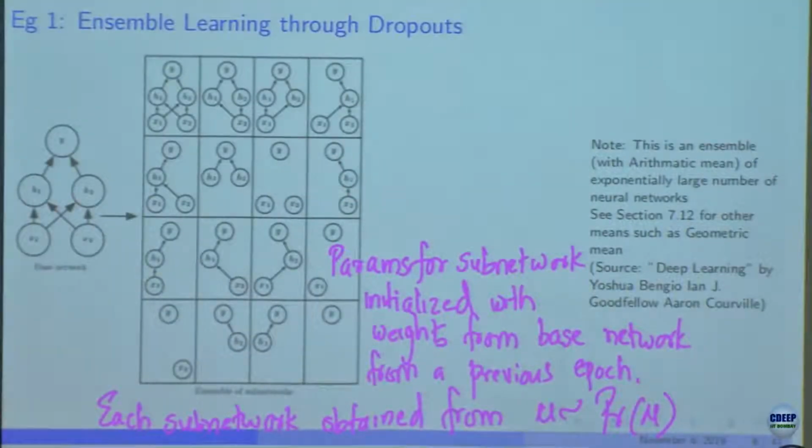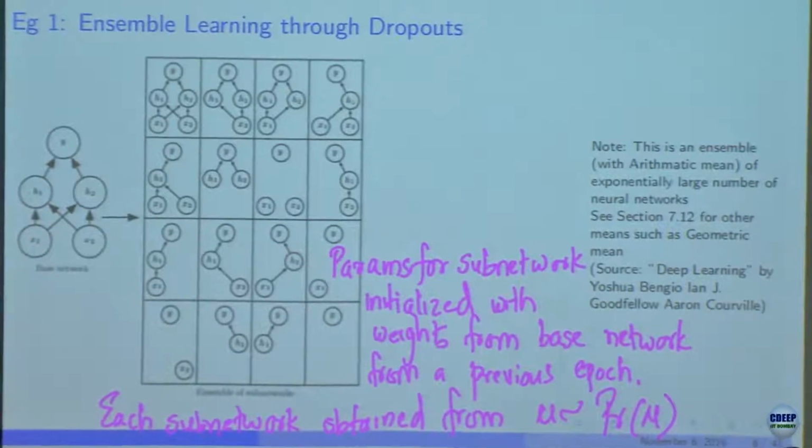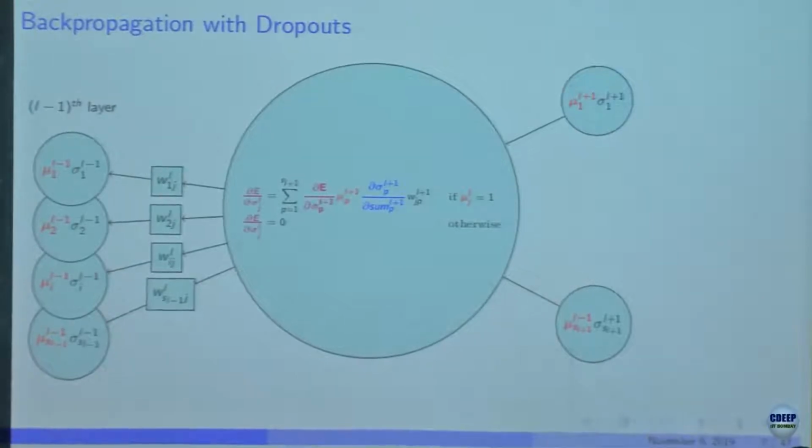So the question is, how is this implemented? This is what it turns out to be. The implementation, you can just do back propagation with dropouts, a simple change.